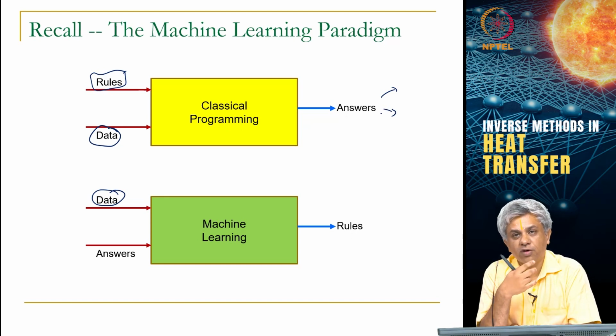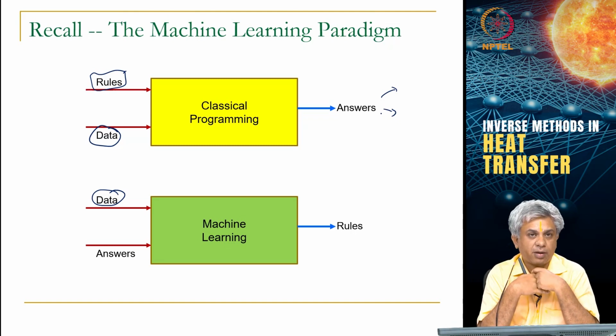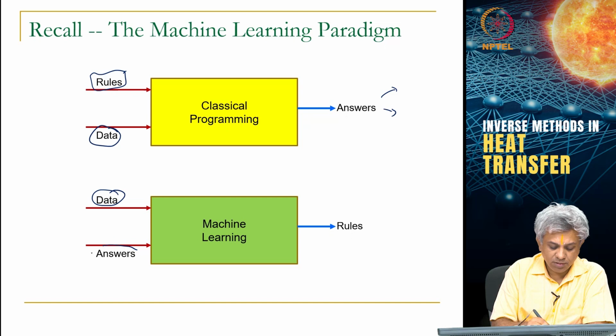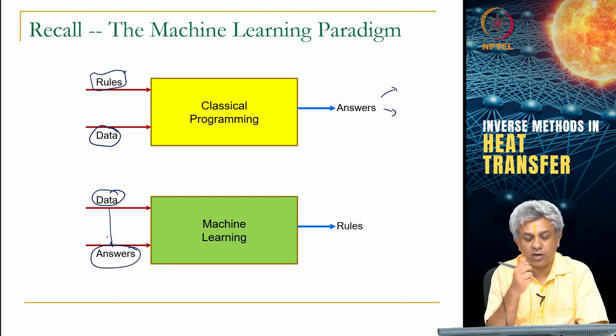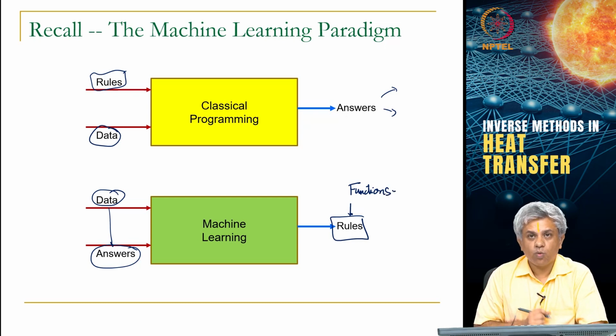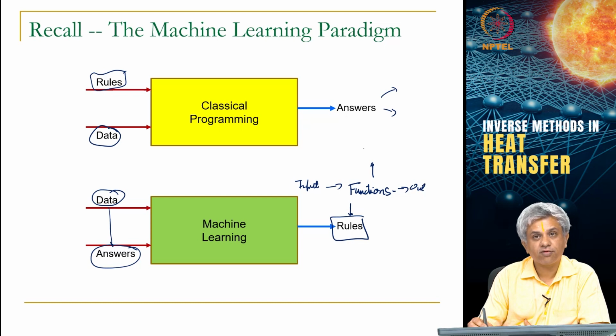Or when the words in an email appear this way, say spam or not spam. Whereas in machine learning, we simply say for these numbers the flow was laminar, for these numbers the flow was turbulent, and you have to learn these rules. And these rules, as you will see in the next slide, are functions. Why functions? Because functions can take one set of numbers and give out another set of numbers.